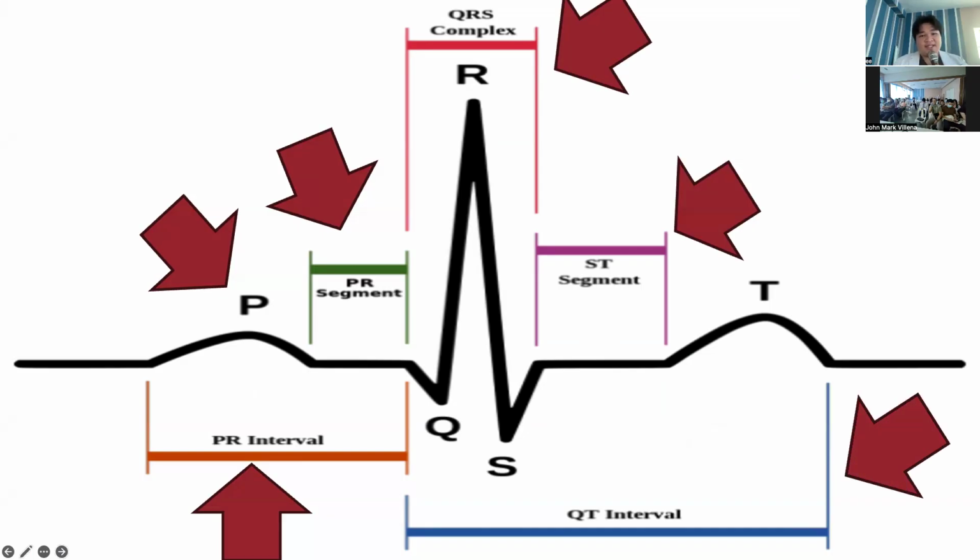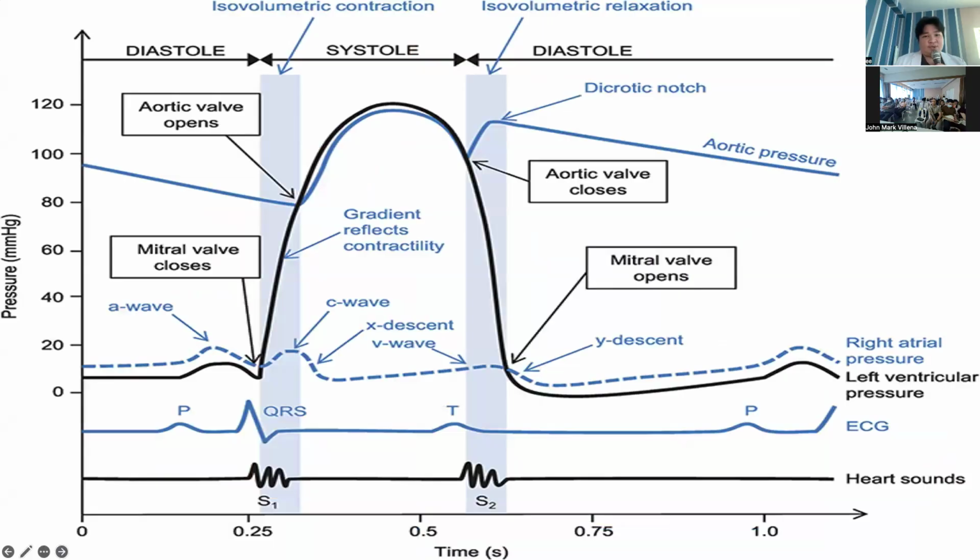The QT interval is the time from the start of the QRS complex to the end of the T wave and represents the total time for ventricular depolarization and repolarization. So this slide shows the cardiac cycle, and below this is the ECG representation for each section of the cardiac cycle.